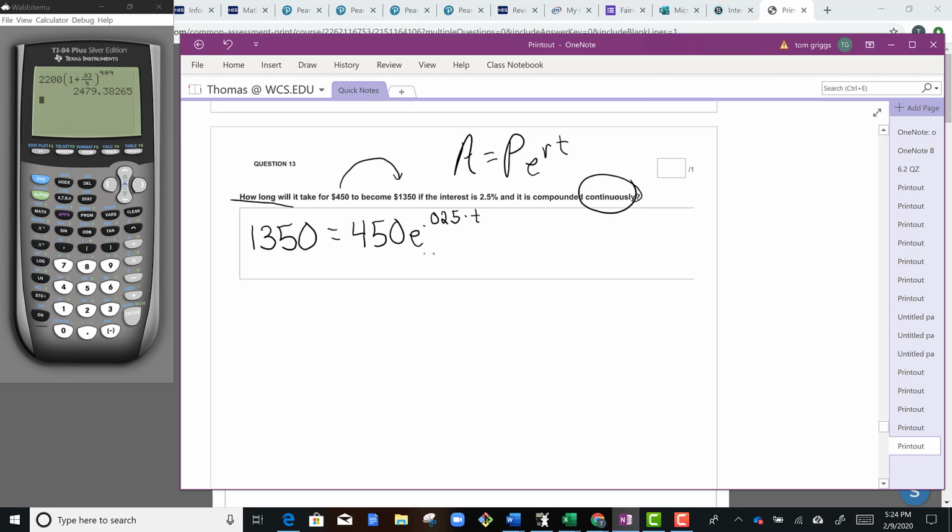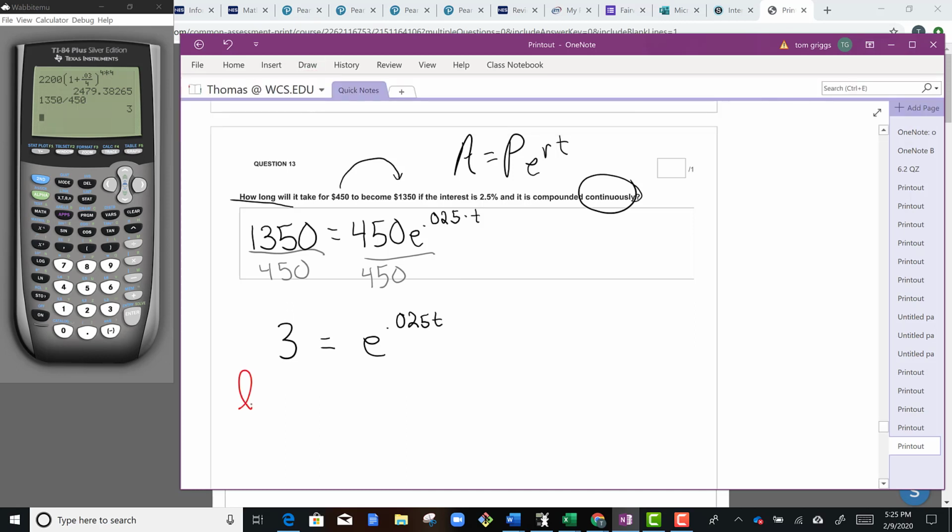Okay, so I'm going to divide both sides by 450. I want to get the e by itself. I think that's 3. But let me just double check. Okay. So we have 3 equals e raised to 0.025 times t power.